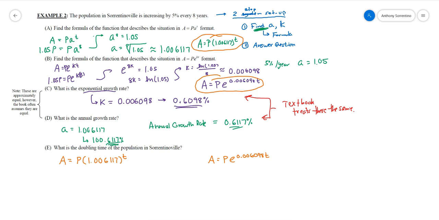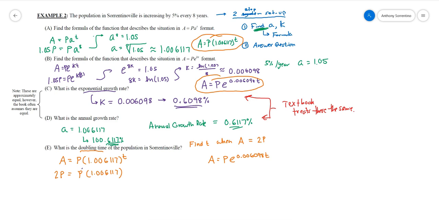Now, I'm looking for a doubling time, and that means that I want to find t when my final amount is equal to 2 times my original amount. So I'm just going to let A equal 2P for this one. Now a couple things happen here.